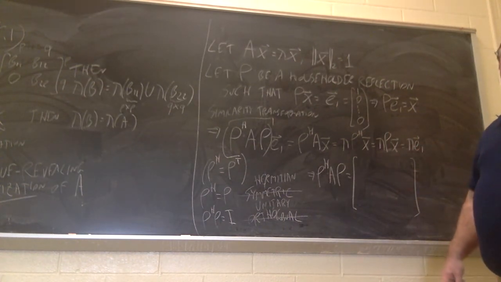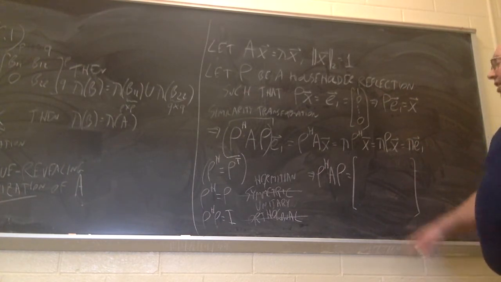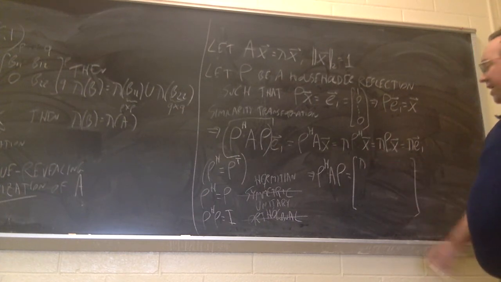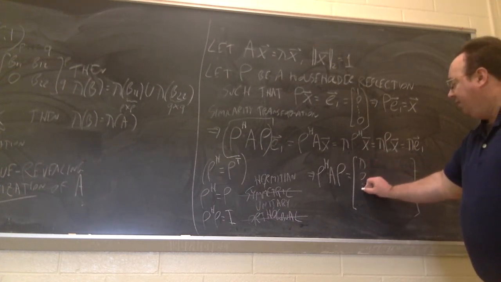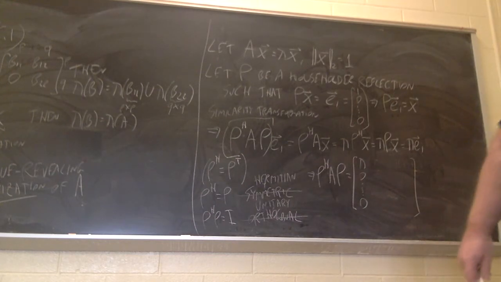Well, E1 is a vector that is all zeros except the first component is a 1. So the first component of this is lambda. And then everything else in that first column is 0. So now the new matrix, the transform matrix, P^H A P, has, at least in the first column, much simpler structure.